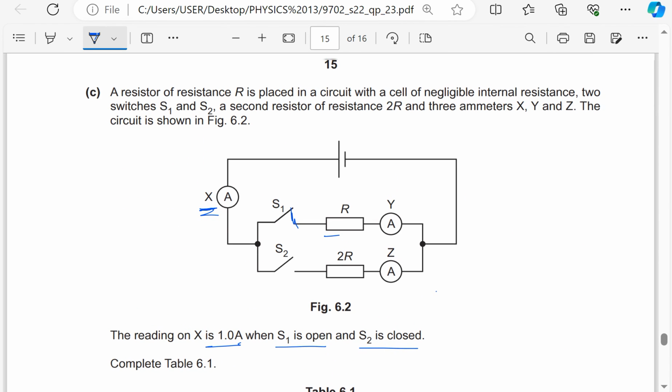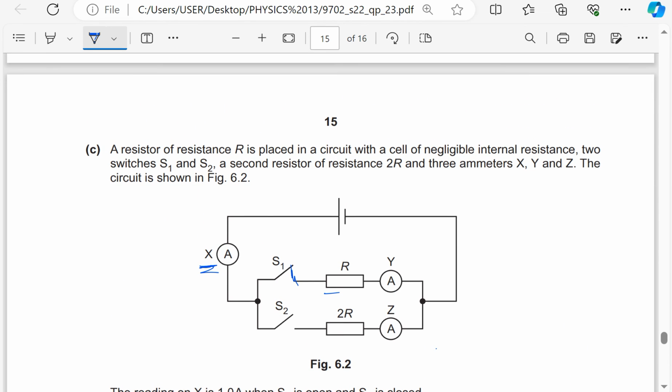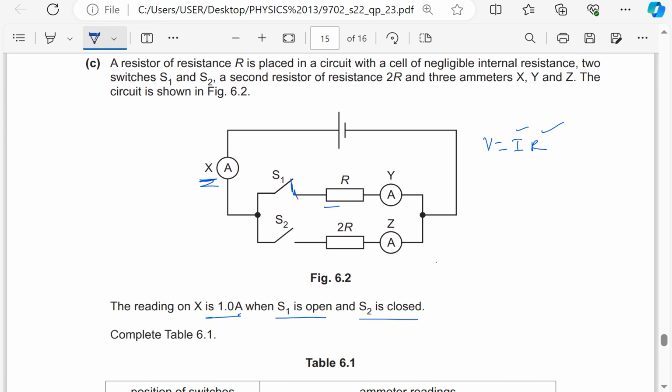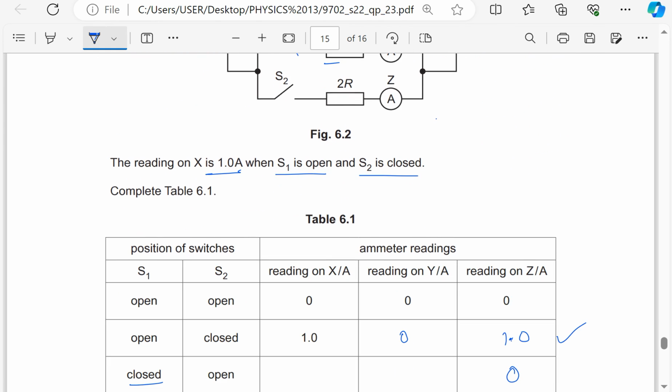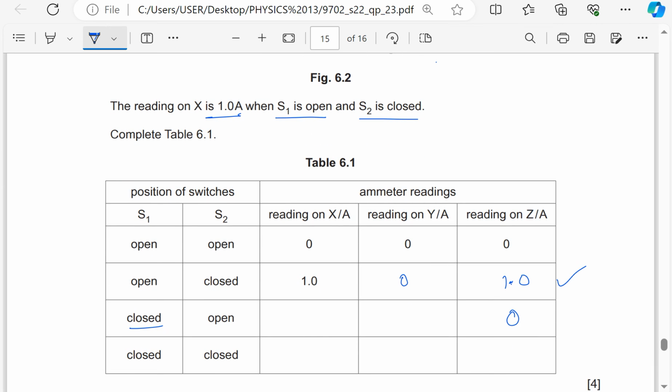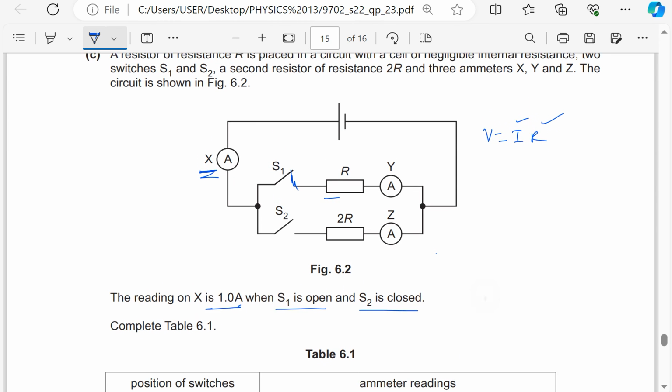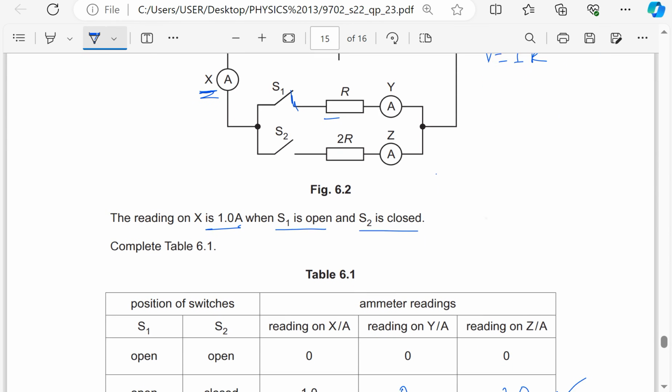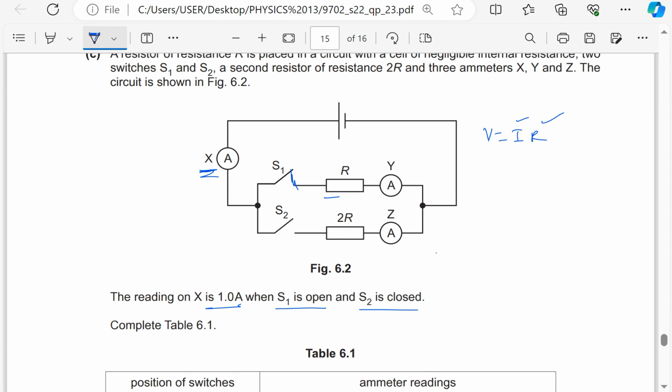Let's check X. So remember, V equals I times R. Then the resistance here is R. The current is I. So we want the reading in X and the reading in Y. When S2 is open, of course, the reading in X is going to be the same as the reading in Y. But what is that reading?